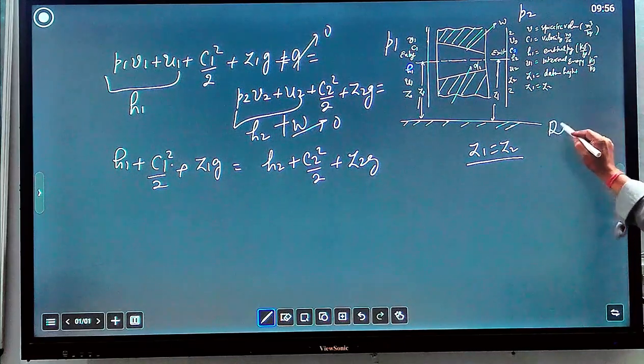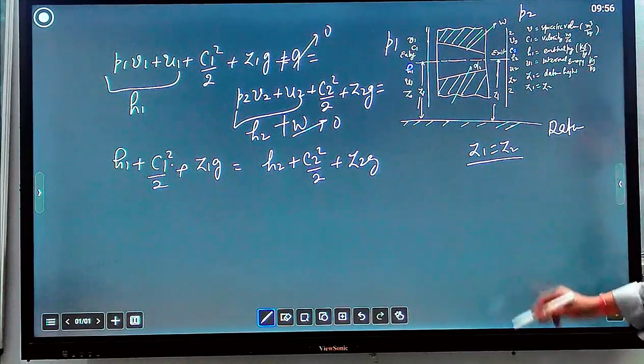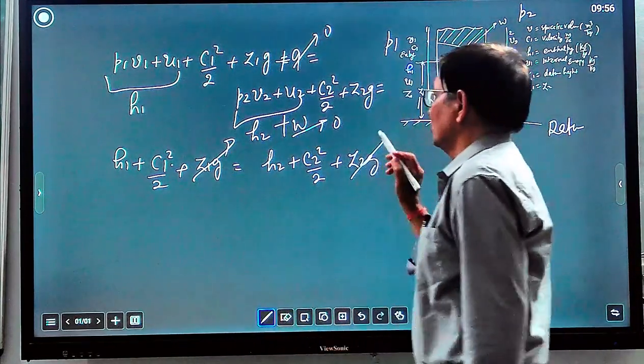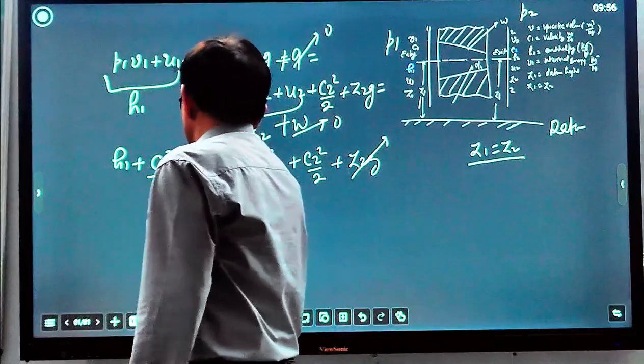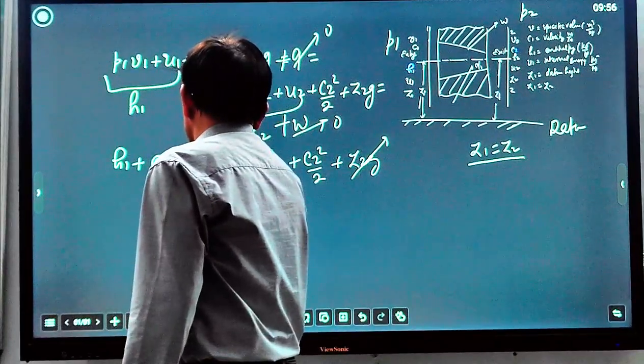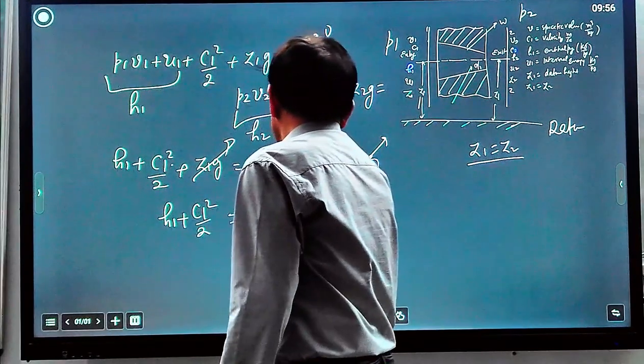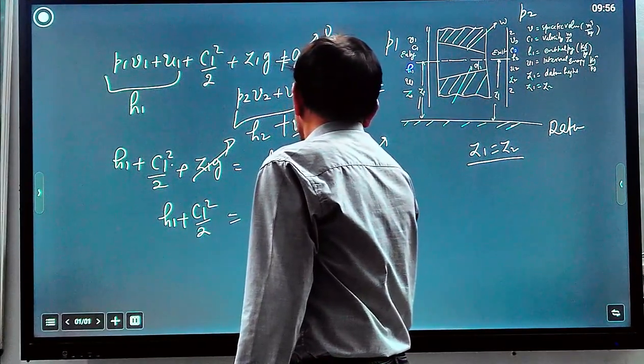So this term becomes 0, and the simplified equation is H1 plus C1 square by 2 equal to H2 plus C2 square by 2.